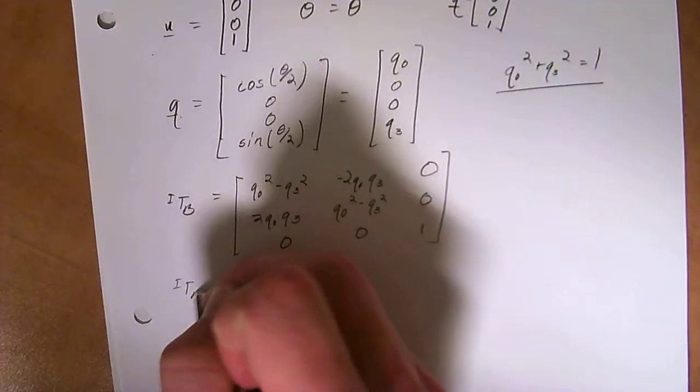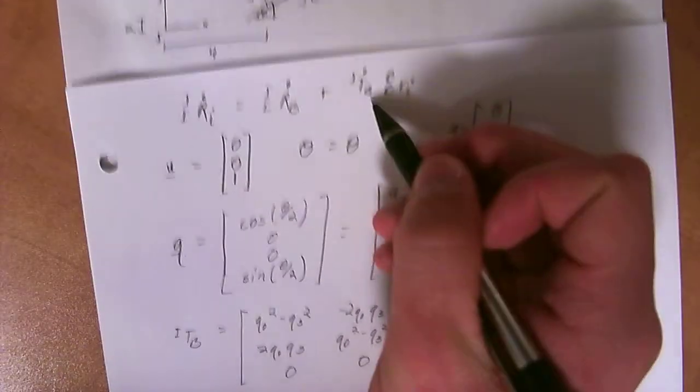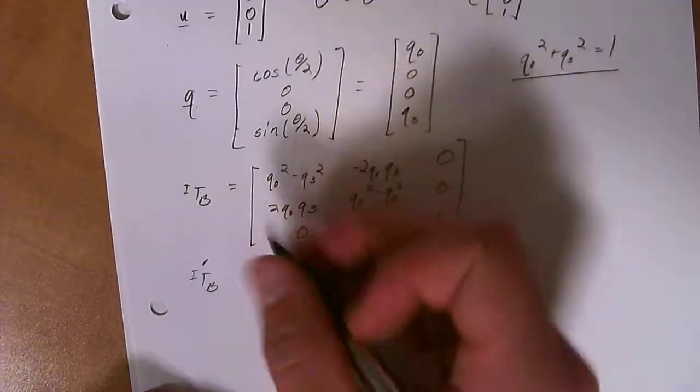Alright, so ITB dot then, because in order to do that we have to get ITB dot based on this equation up here.